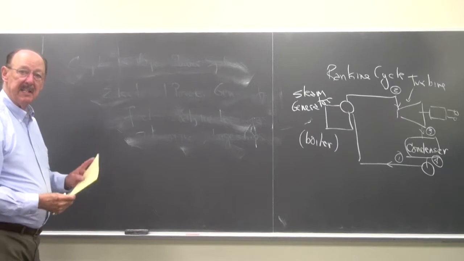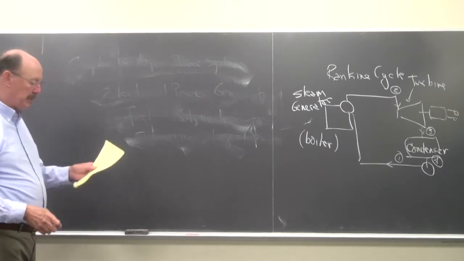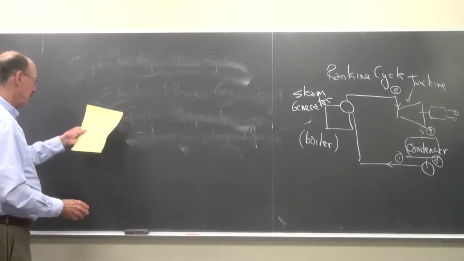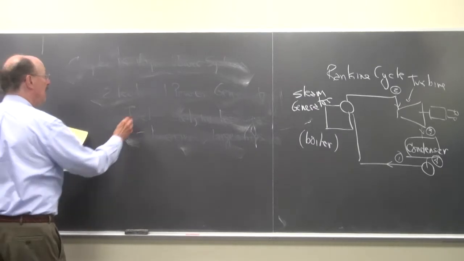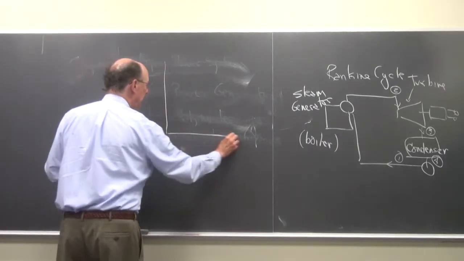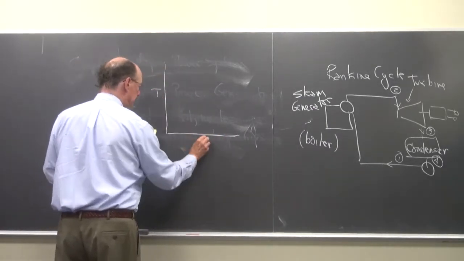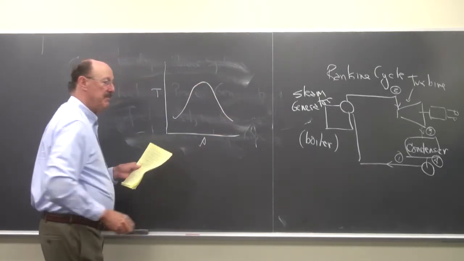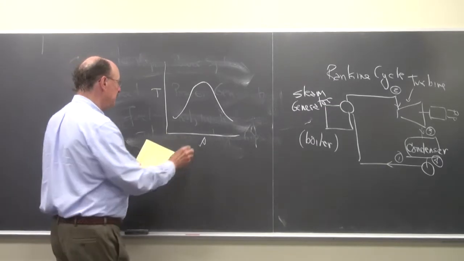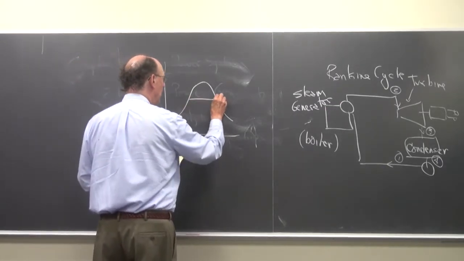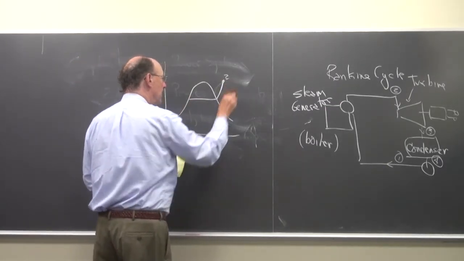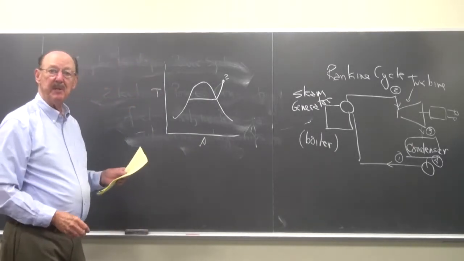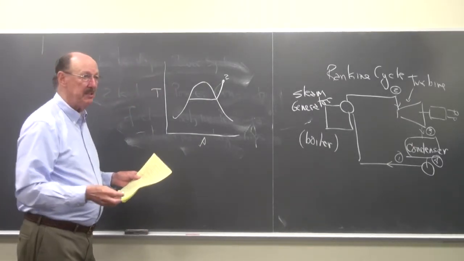And with the TS diagram, there are certain assumptions that are built into the Rankine cycle, so we'll see what those are as well. And so if I look at the TS diagram, so we have the TS diagram for a pure substance. So steam enters the turbine typically as a superheated vapor.